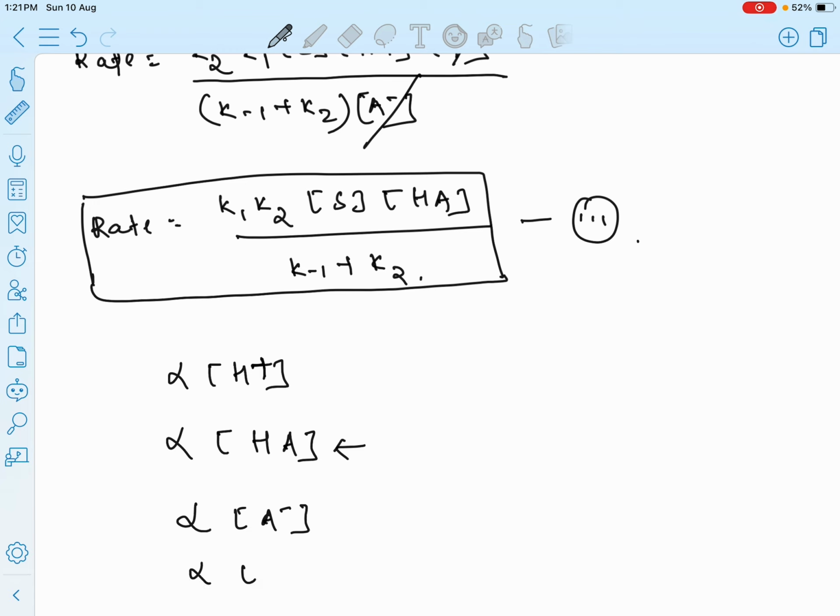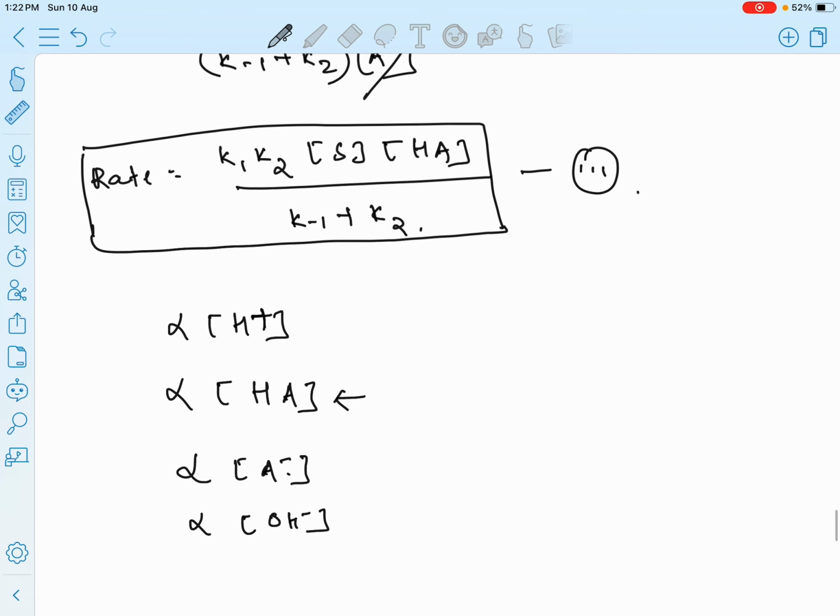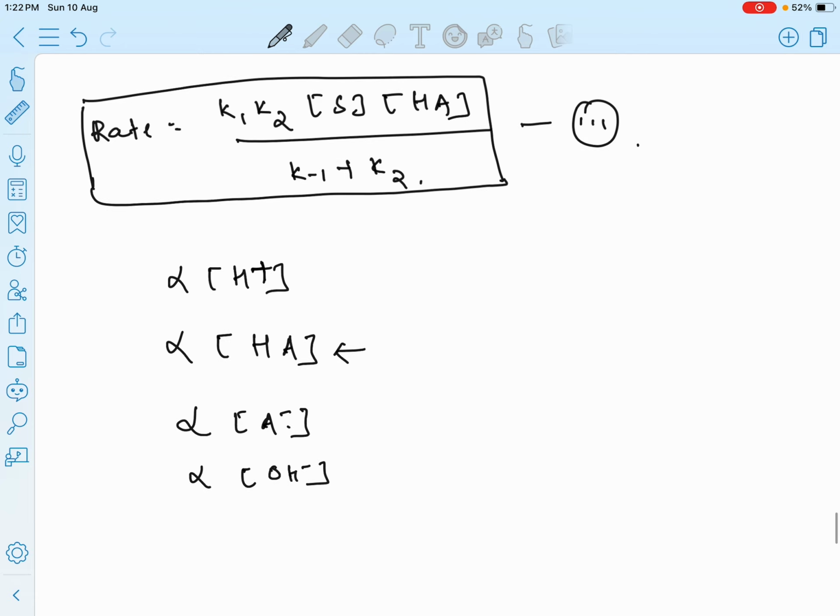If it is proportional to the conjugate base A minus, the reaction is a general base catalysis reaction. If it is proportional to OH minus specifically, then the reaction is said to be a specific base catalysis reaction.